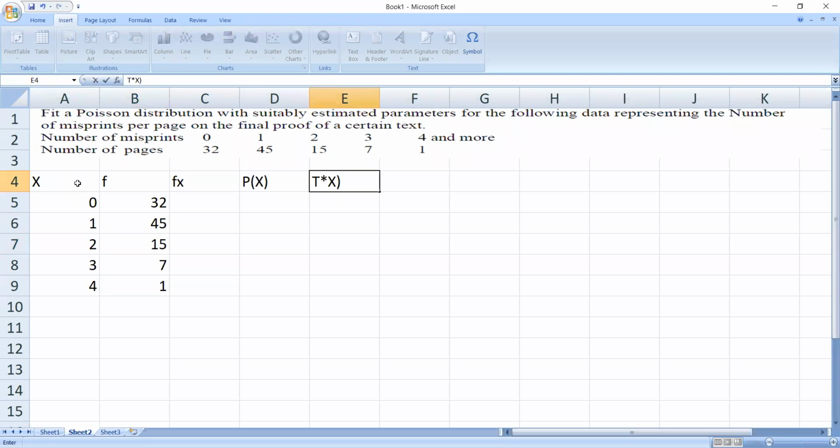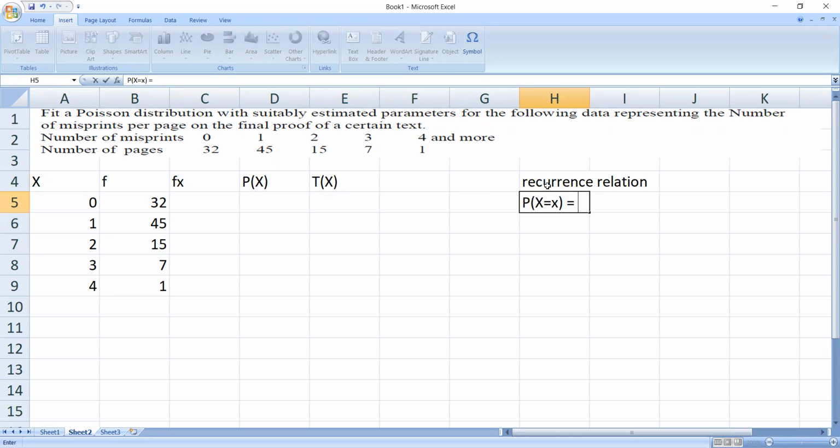Now in this case, we'll use recurrence relation for one problem. It is not theoretically done, but let me give you that it is very easy. Compared to binomial, recurrence relation in Poisson is very easy.